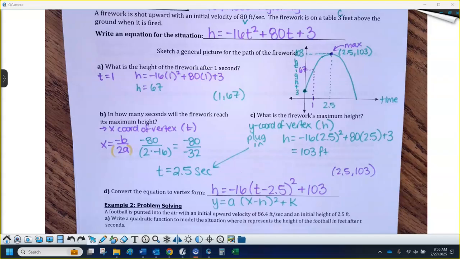So the -16 goes out in front of the parentheses. Now, probably if we had seen it in vertex form a couple days ago, if we hadn't talked about height and time, where I have the T would have been an X, and where I have the H would have been a Y. But the vertex is just what's being plugged in for your h and k there. That's what's going on. I should have written that formula so you guys could see it. Anybody else have a question?